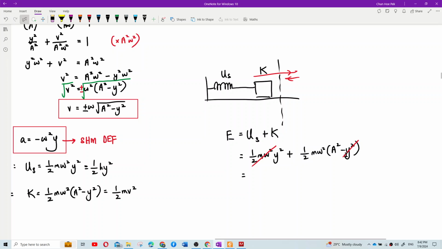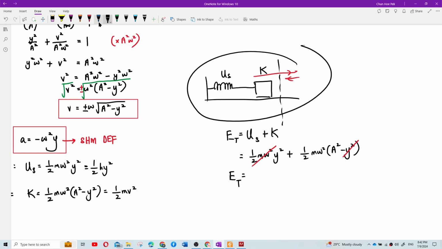If we expand, multiply out, this gets cancelled. So in the end, this is the total energy formula of the whole system, the energy in the spring plus the kinetic energy of the block. We call it the total mechanical energy of the whole system.